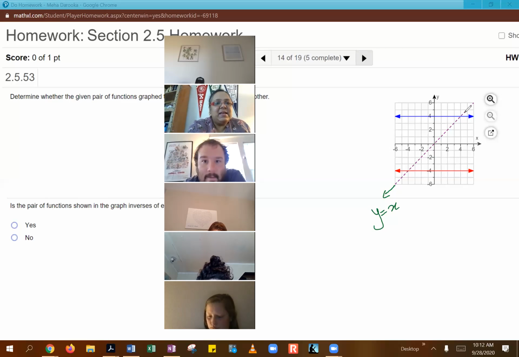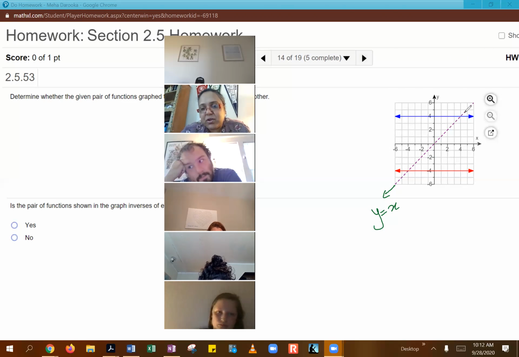So the idea here is when you are looking at the graphs of your two functions, they should actually be reflections with respect to that line. So imagine if you were to fold your graph along that dotted line for y equals x, are your two halves going to coincide? Are they going to be overlapping?